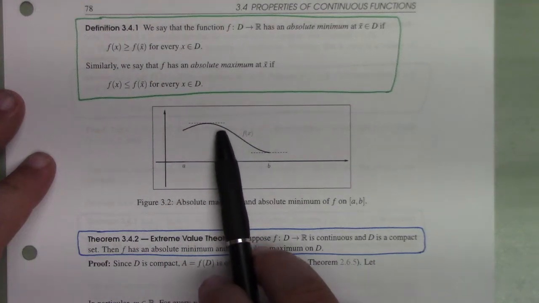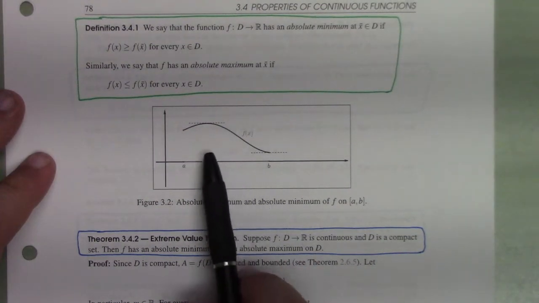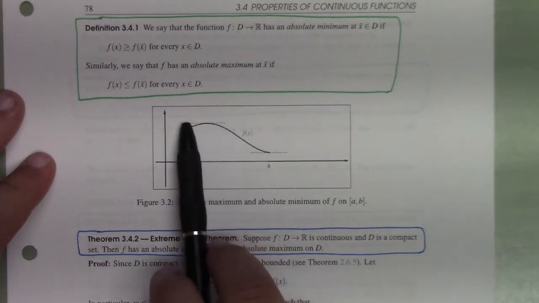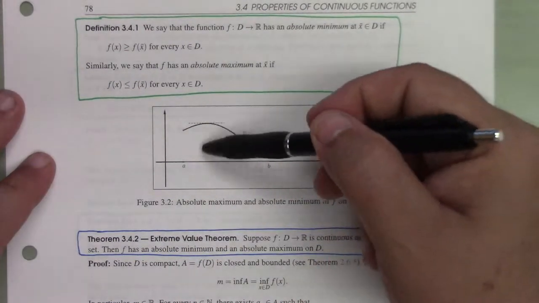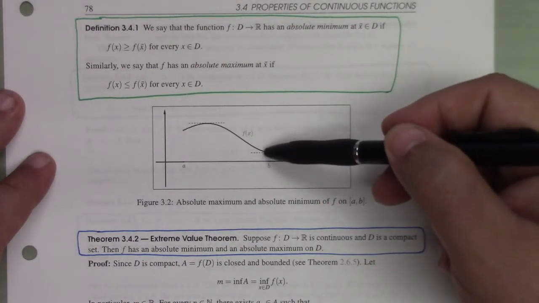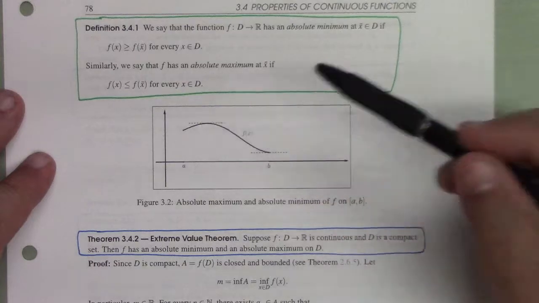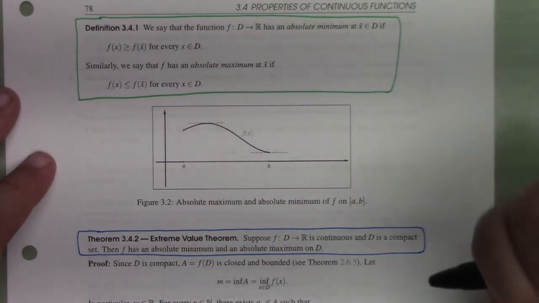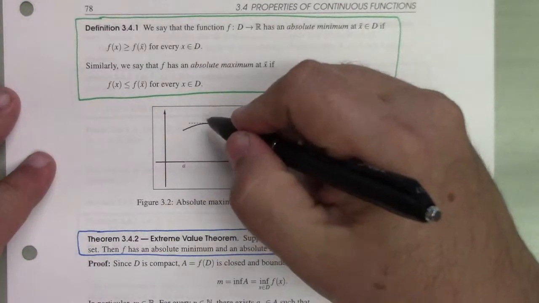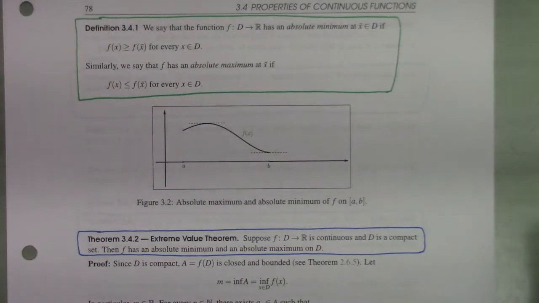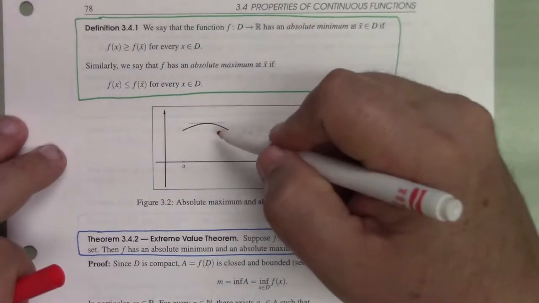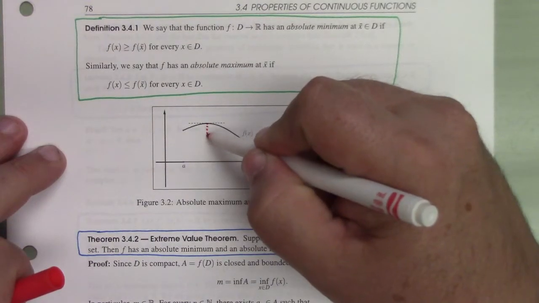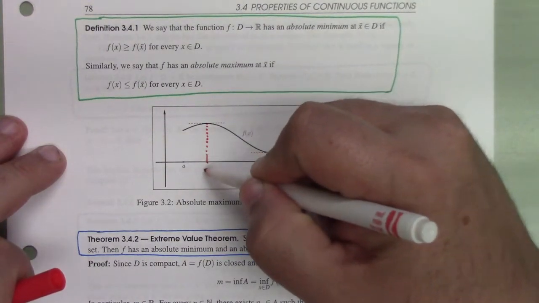Some function takes some values between a and b. The maximum is apparently right about there. The minimum is right about there, right? You could think about this point right here as being that x naught.